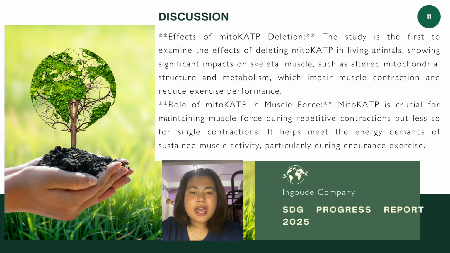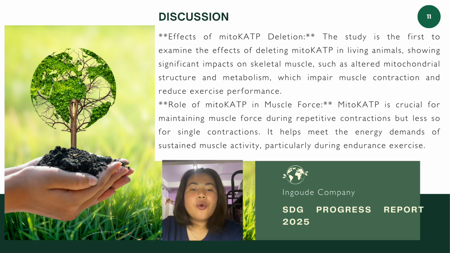Discussion. The first, effect of mitochondrial KATP deletion. The study is the first to examine the effects of deleting mitochondrial KATP in living animals, showing significant impacts on skeletal muscles, such as altered mitochondrial structure and metabolism, which impair muscle contraction and reduce exercise performance.